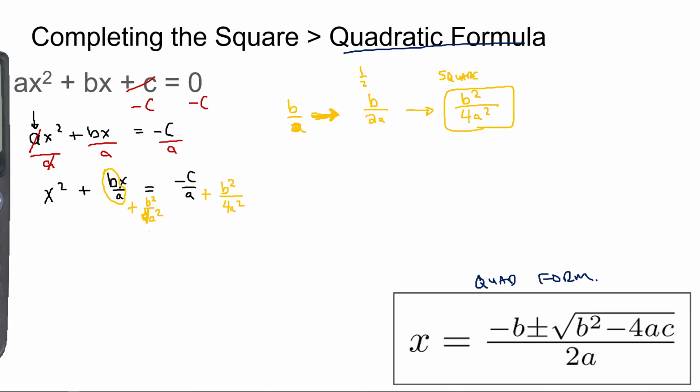Now, if I've done everything right, then it should look like this at that next step: x squared plus bx over a plus b squared over 4a squared equals negative c over a plus b squared over 4a squared, like that.